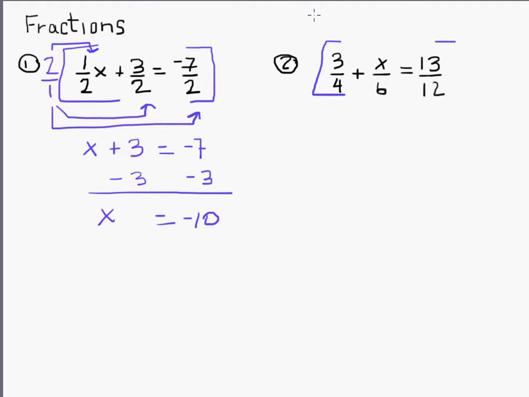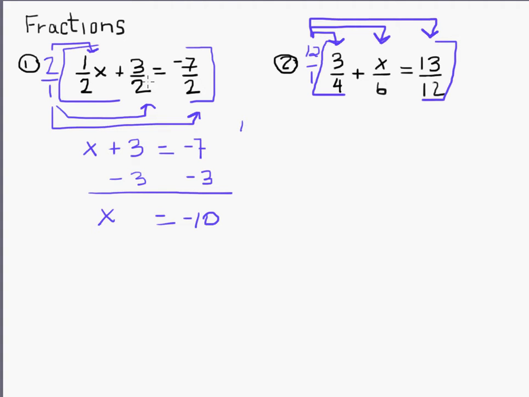So I'm going to multiply each one of the numbers inside by 12 over 1. I know this doesn't look very clear, but we're going to multiply 12 over 1 times 3/4, and 12 over 1 times x over 6, and 12 over 1 times 13/12.